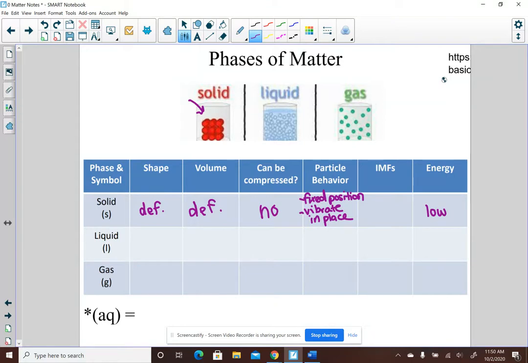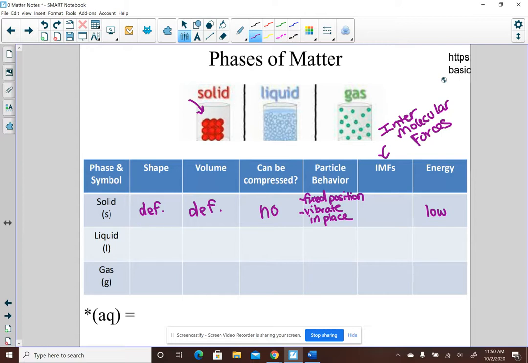Now, IMFs, this is an abbreviation for intermolecular forces. And we're going to talk in more detail about intermolecular forces in a couple units from now. But in a nutshell, intermolecular forces is how attracted particles are to each other.